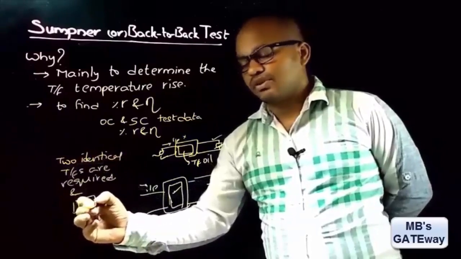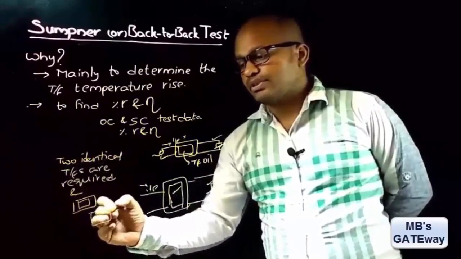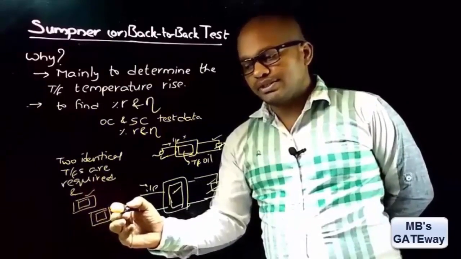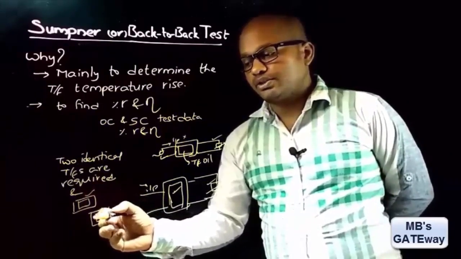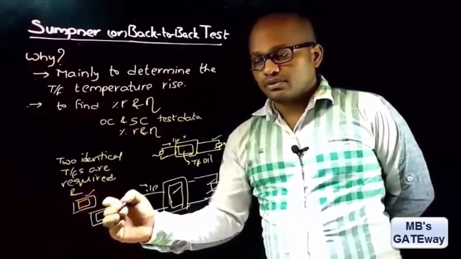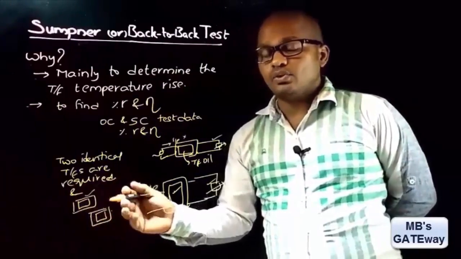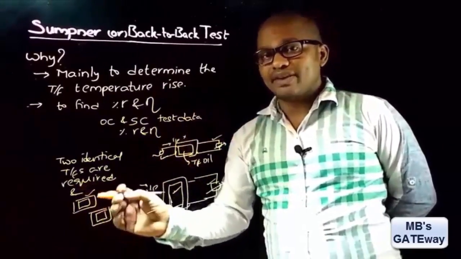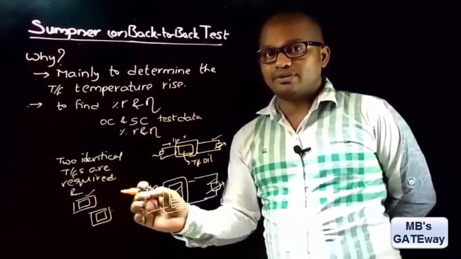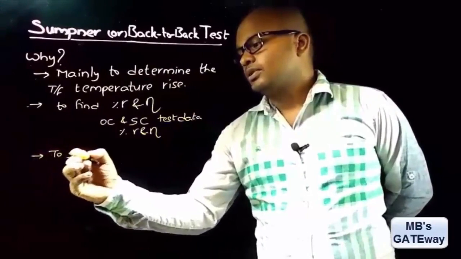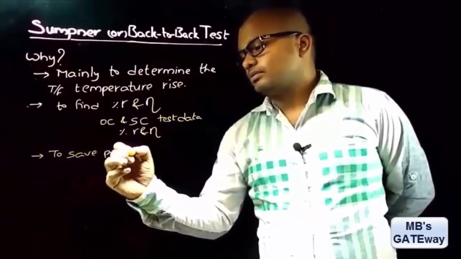If this is one transformer and this is the second transformer, this transformer will act as load for this one, and this transformer will act as load for that one. So in case of Sumpner's test, there is no requirement to connect the load because the transformer itself acts as load on the other transformer. Therefore, the third reason is to save power.